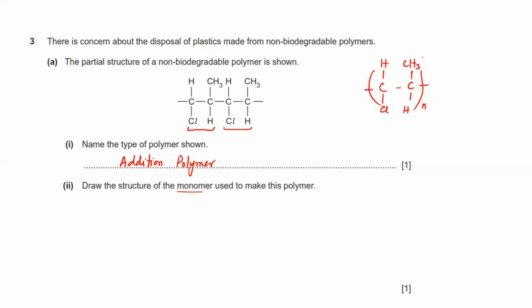To find the monomer, we will have a double bond here. So the monomer will look something like this: C double bond C, with Cl, H, CH3 and H. The structure of the monomer will look something like this.